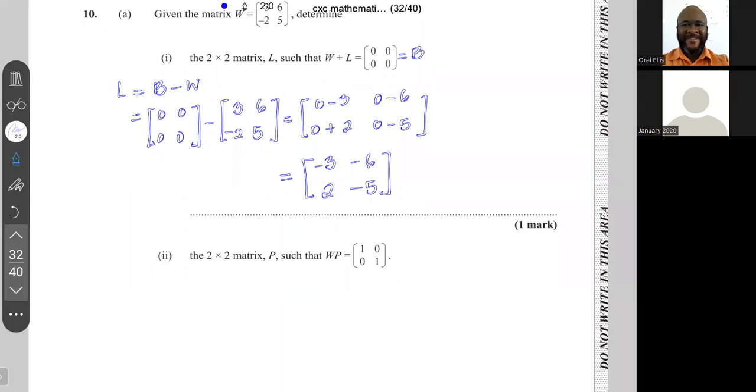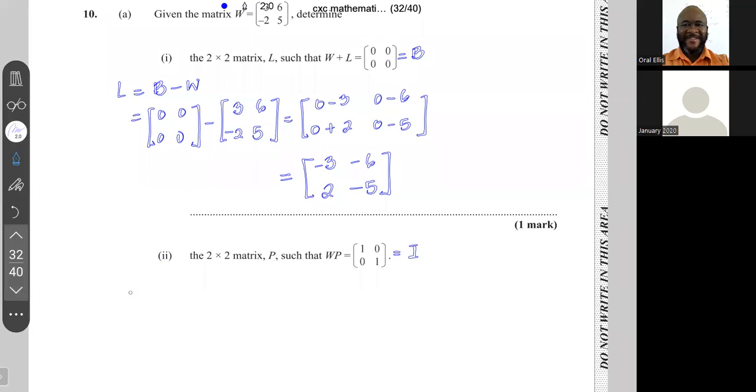Next, we're asked to find the 2 by 2 matrix P such that WP is equal to 1, 0, 0, 1. 1, 0, 0, 1 is the I matrix. Now, when you multiply a matrix by its inverse, you're going to get the I matrix.